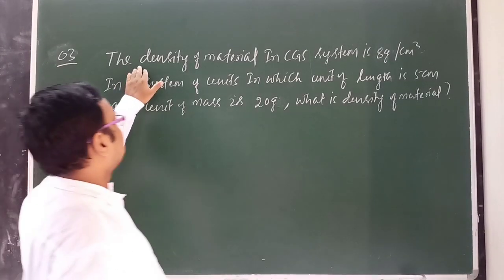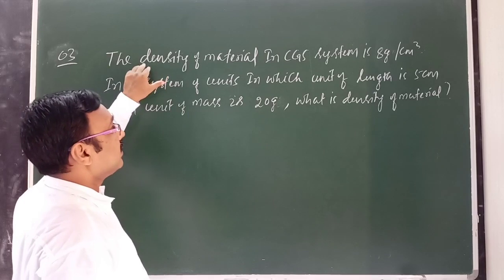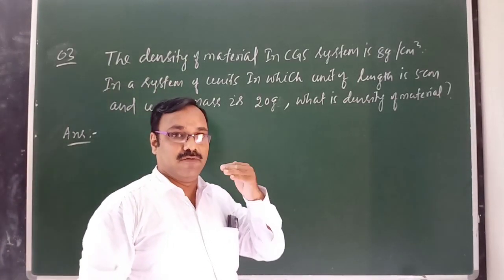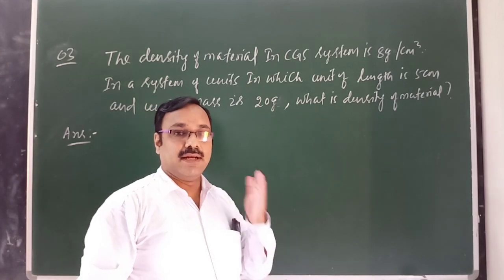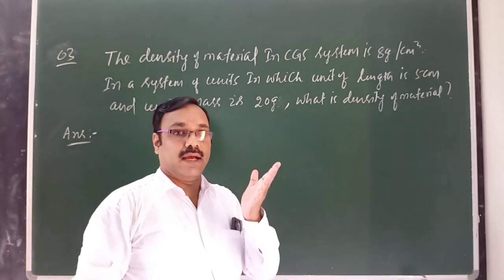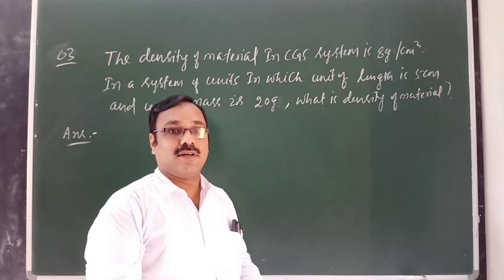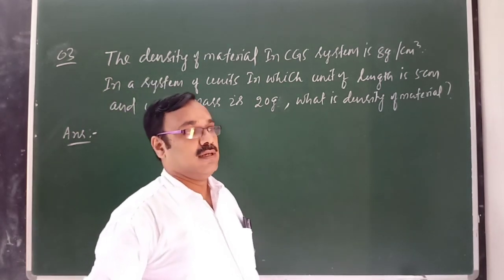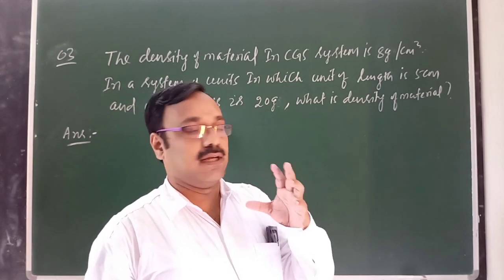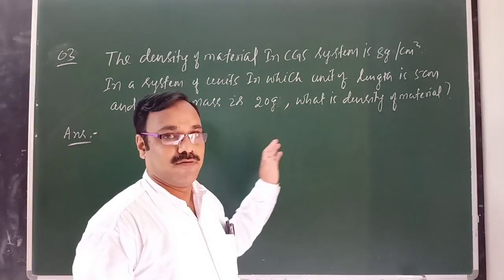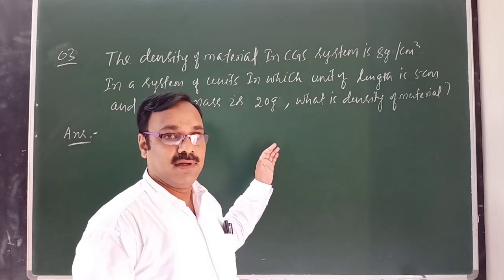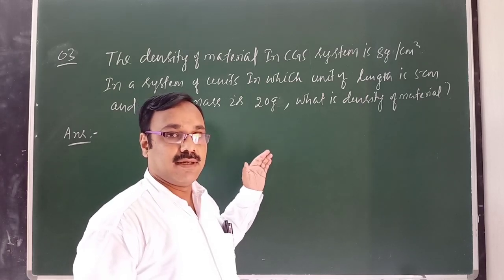So the next question, students: here you have to convert the value of a physical quantity that is given in one system of unit into another system of unit. Conversion of physical quantity from one system to another. We had also discussed that in the CGS system we express mass by 1 gram, length by 1 centimeter, time by 1 second.